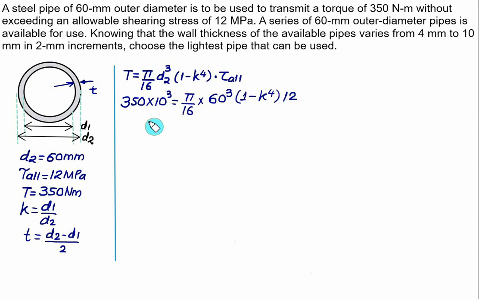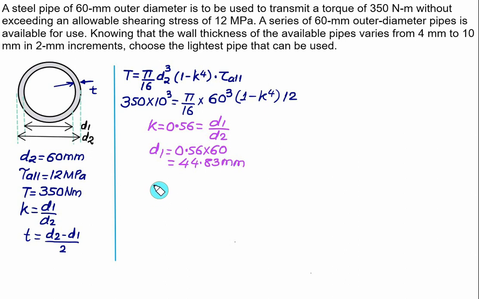Solve this equation and you will get the value of k close to 0.56. This value of k is equal to D1 divided by D2. From this we can calculate D1, which is equal to 0.56 multiplied by D2, which is 60. So we get D1, that is the inner diameter, equal to 44.83 mm.